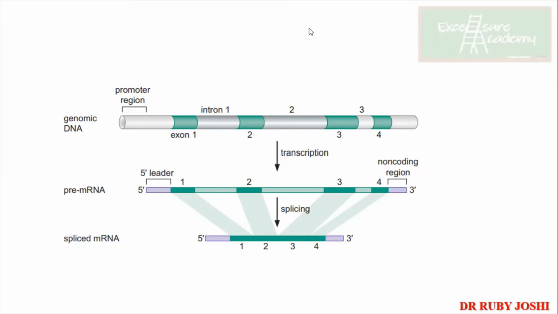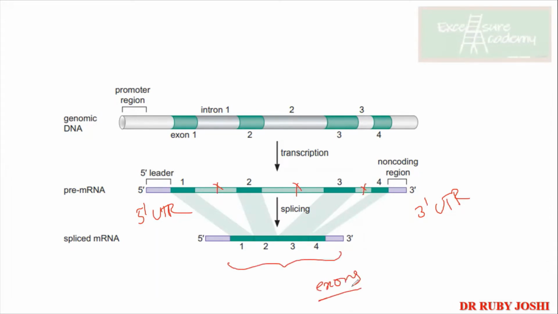Here you can see that you have the DNA, it gets transcribed, and you have the 5' leader and the non-coding region. Remember, we have talked about the 5' UTR region and the 3' UTR region, that is, the untranslated regions. After the splicing, all your introns are removed and only the exons are taken.